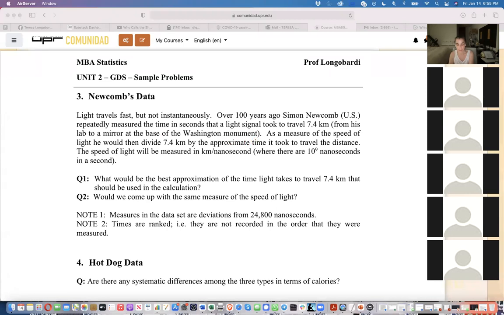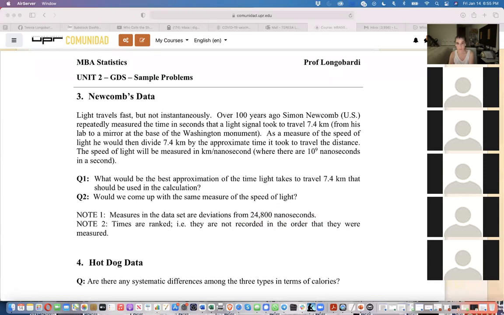As a measure of the speed of light, he would then divide 7.4 kilometers by the approximate time it took to travel the distance. The speed of light will be measured in kilometers per nanoseconds, where there are 10 to the power 9 nanoseconds. Anyway, the point is the data represents any deviation from 24,800 nanoseconds.